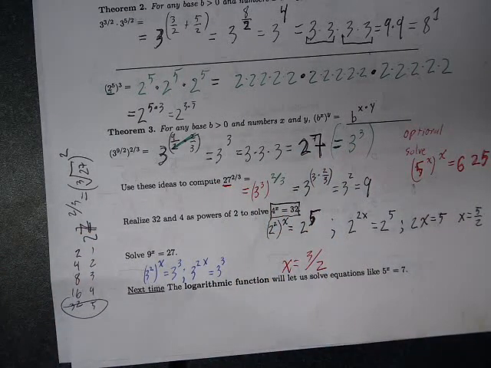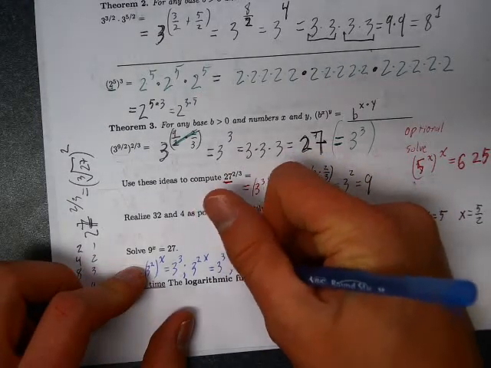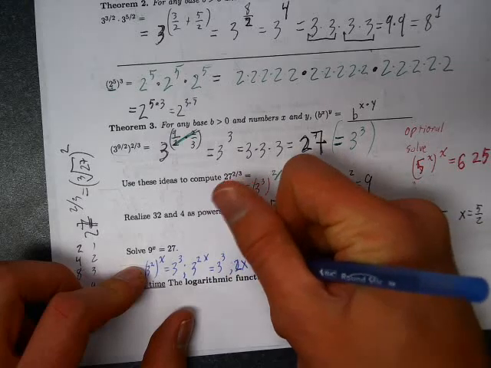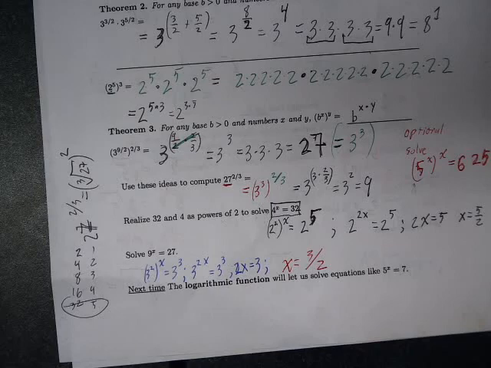Now we're in business. 3 to the x is also an injective function, as we'll see on the next page. So the only way 3 to the this is equal to 3 to the that is if this is equal to that. So those two things in the exponents have to be the same. And if 2 times x is equal to 3, then what is x? 3 halves?